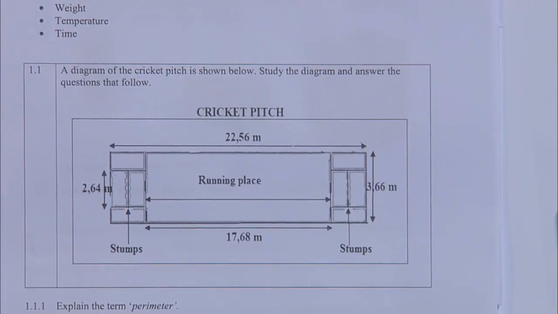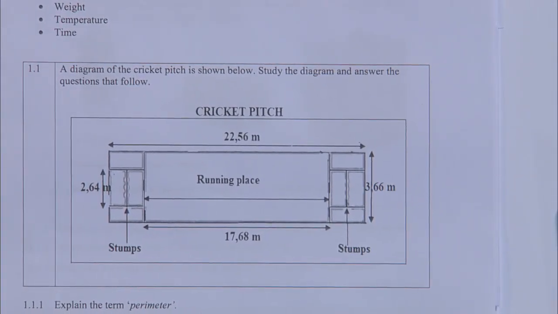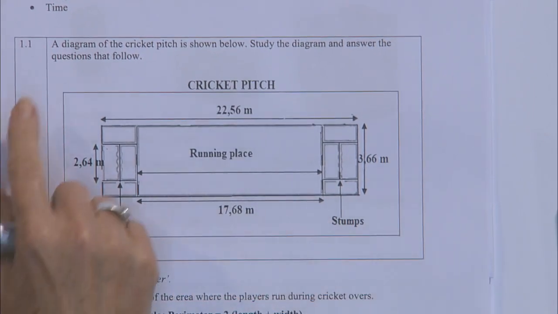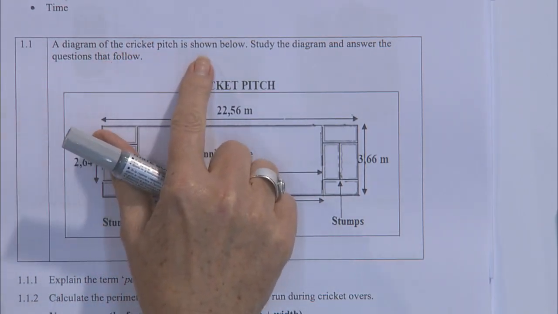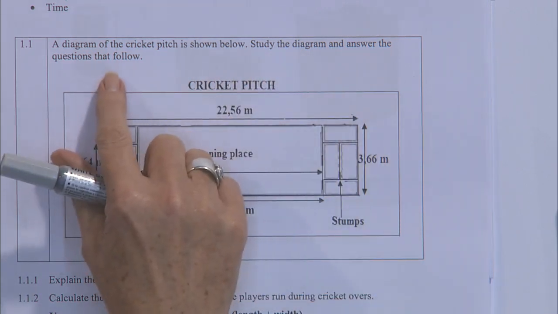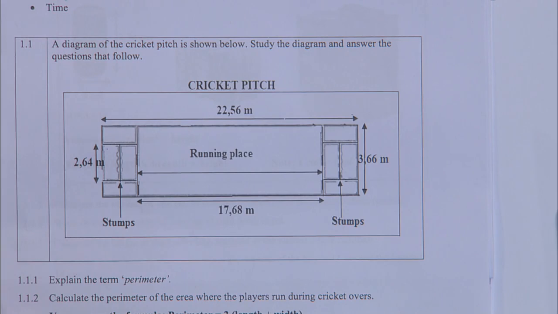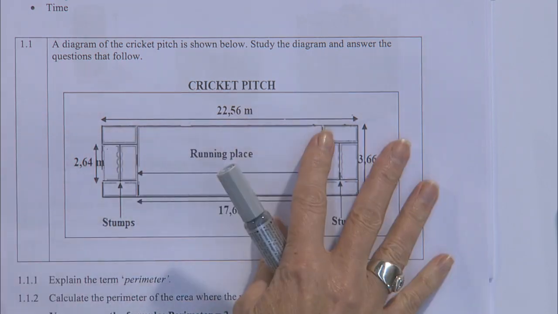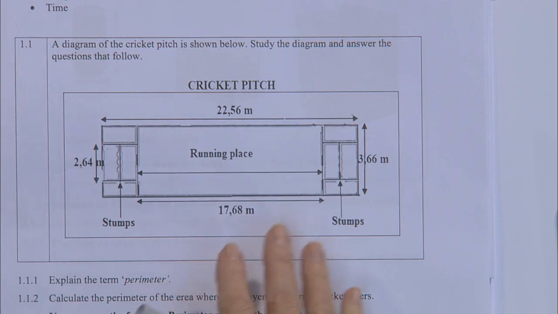The first question says a diagram of the cricket pitch is shown below. Study the diagram and answer the questions that follow. Sometimes people will say that they have no idea what cricket is about, but you don't have to know anything about cricket.